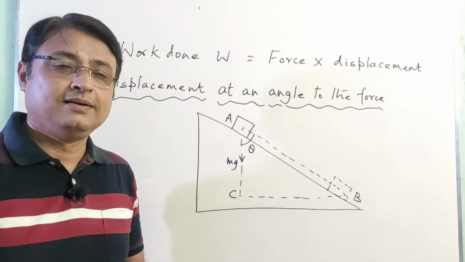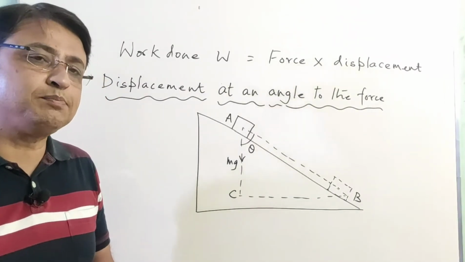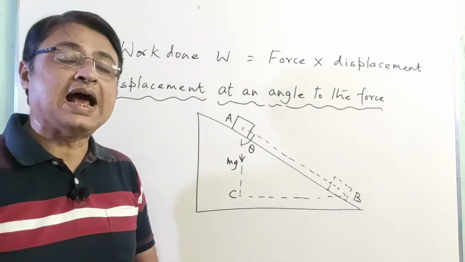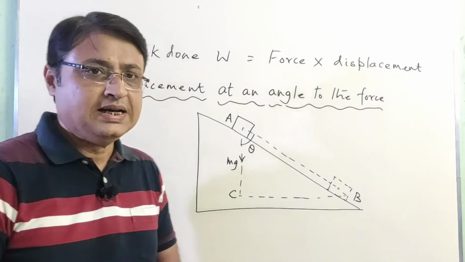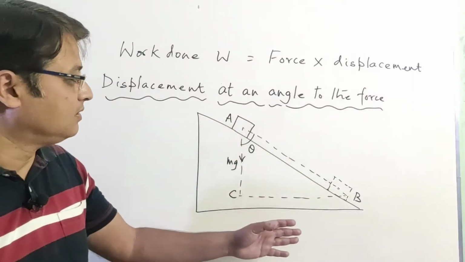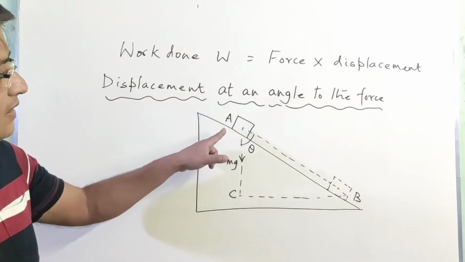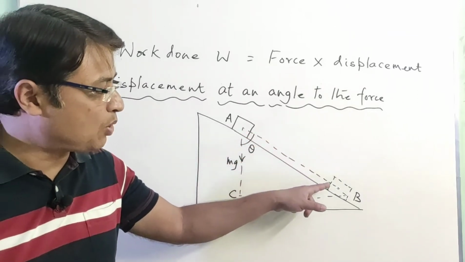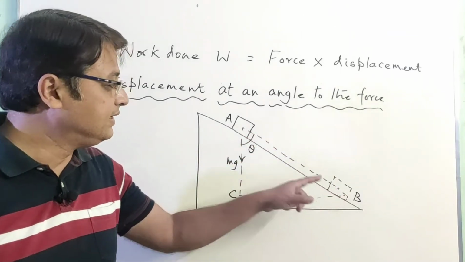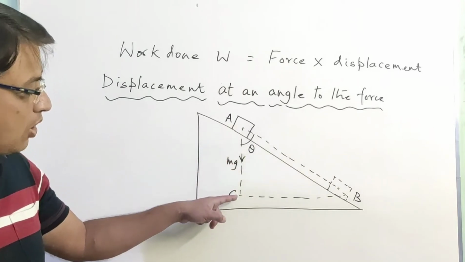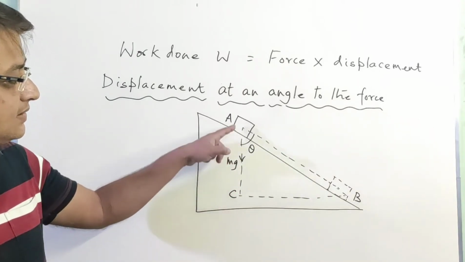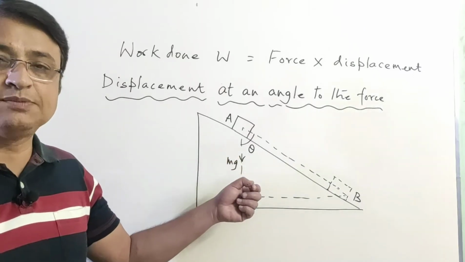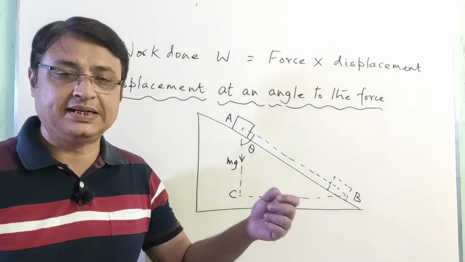So here we are considering displacement of an object which is at an angle to the force. Let's consider this figure. Here an object is placed at a point A and slips down to the point B. The weight of the object is acting downwards, that is mg, as the mass of the object is m.